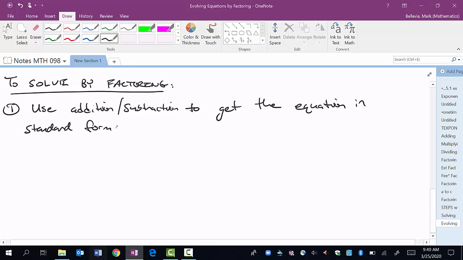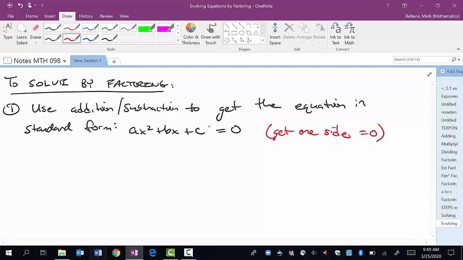When I say standard form, we talked about it earlier, right? The ax squared plus bx plus c equals 0. In other words, this is really the way to think about it. Get one side equal to 0. When I say sides, I'm talking about the equal sign separating the sides of these, right? So these are equations, so we're solving for the equation. You factor expressions, you solve equations. So I want to get one side equal to 0 at the beginning if it's not already set up that way.